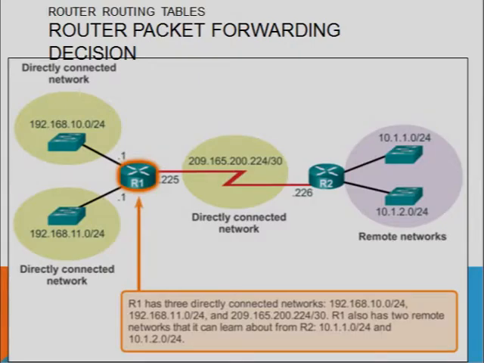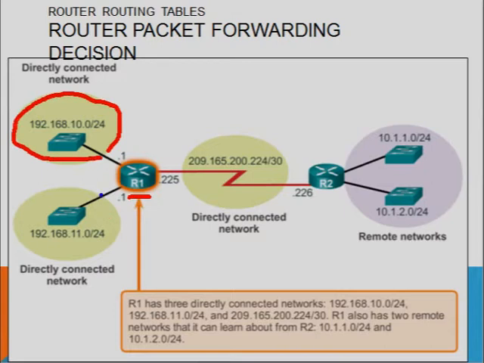Okay, so let's take a look at how the router forwards the packet across different networks. In this case, the R1 router over here is directly connected to three networks. The first network is 192.168.10.0.